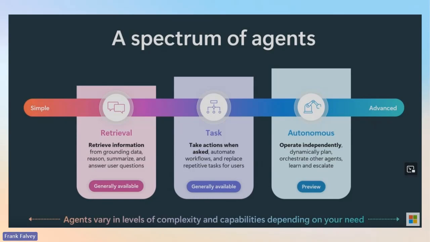So if one can't answer, it picks out the next agent in line to answer that particular question. So that's the spectrum of agents, and they start, as you can see there on the left, from the simple agent up to the more advanced, which is the autonomous one.